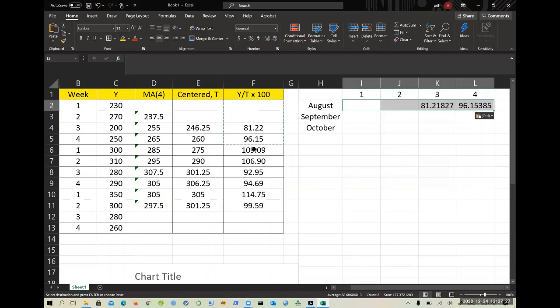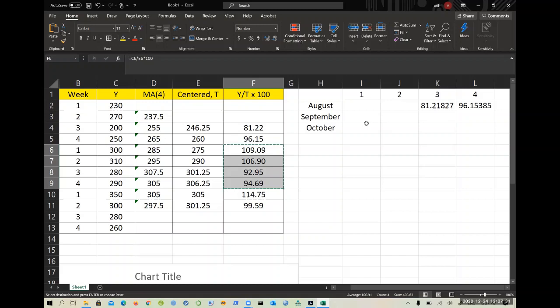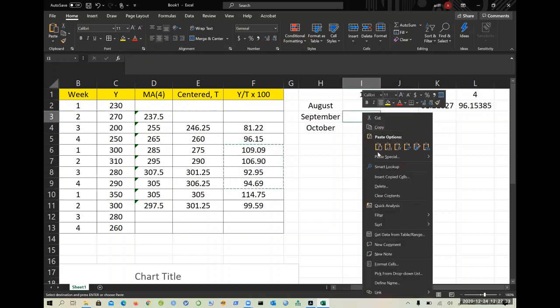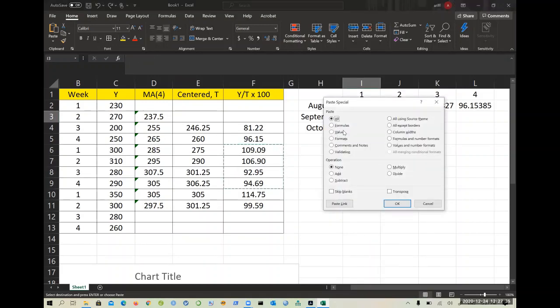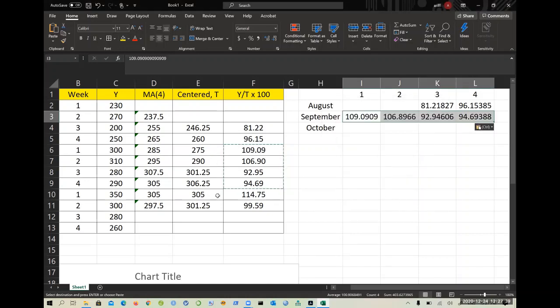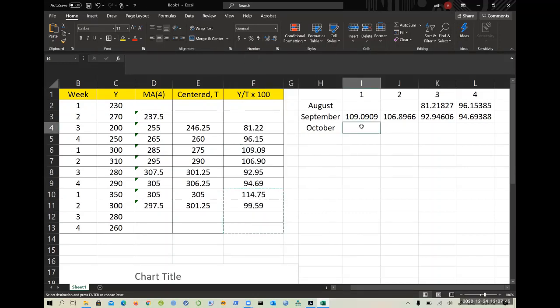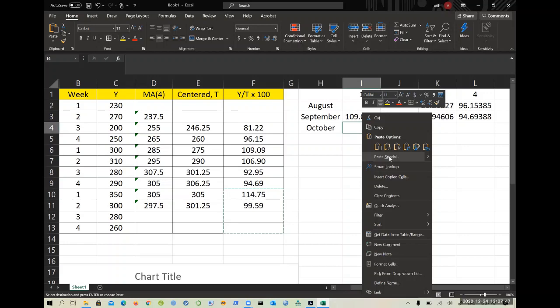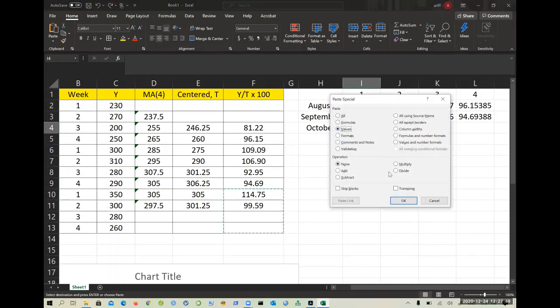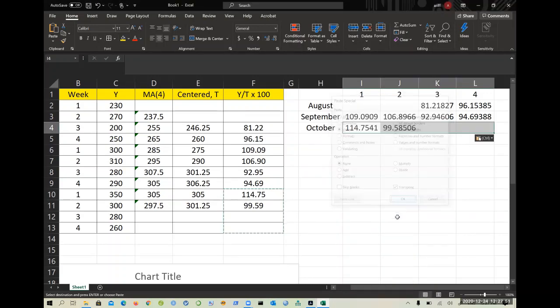Okay, and then the second one, Control C, paste special values and transpose. And then lastly, you have this one, copy, and then paste. Okay, so you have this value.